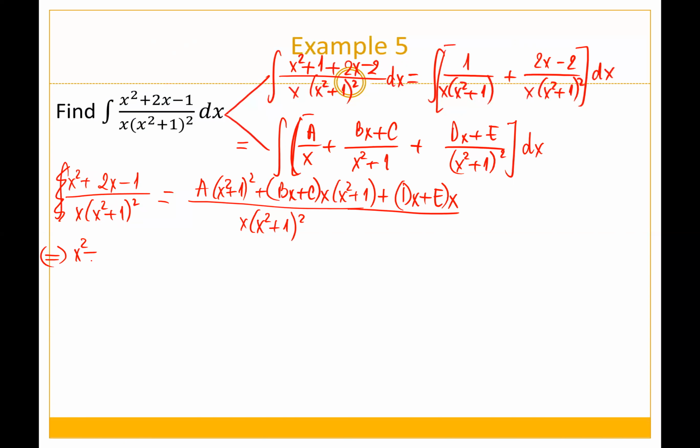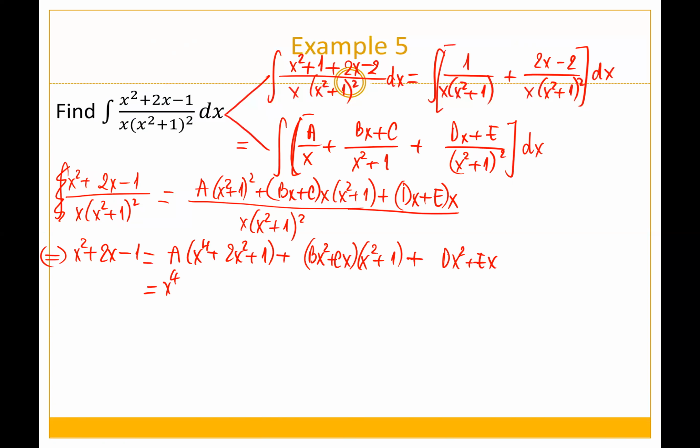I'm having x squared plus 2x minus 1 is equal to, now I'm going to put every equal power together and solve the problem. So you have a x fourth plus 2x squared plus 1, plus bx squared plus cx(x squared plus 1) plus dx squared plus ex. And so I'm going to put everything with x squared together, everything with x together, including every constant together.